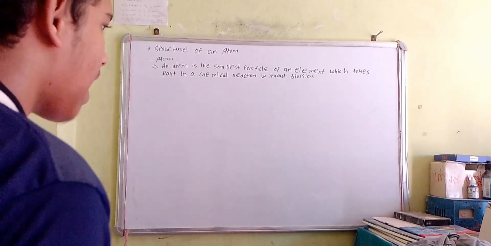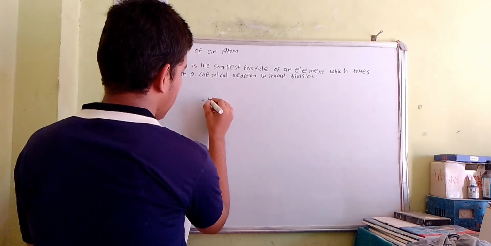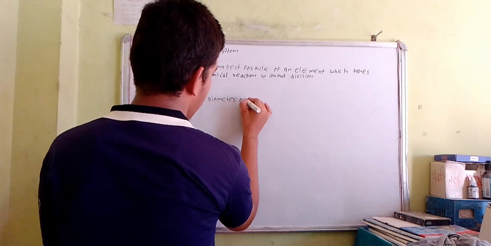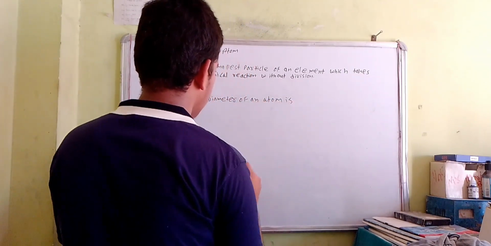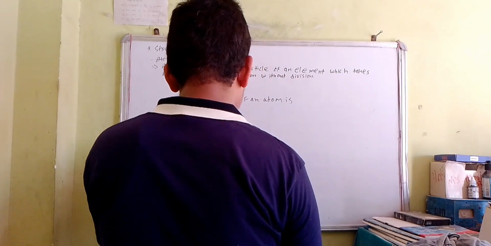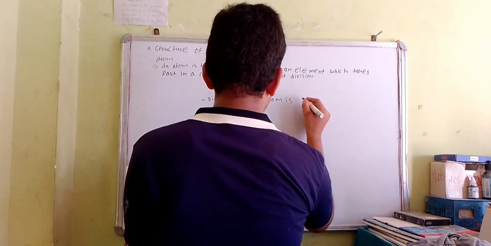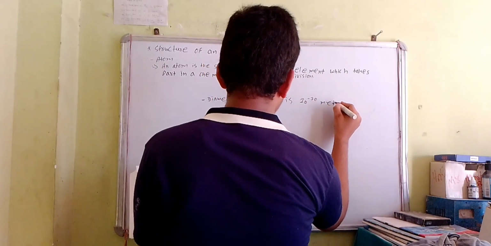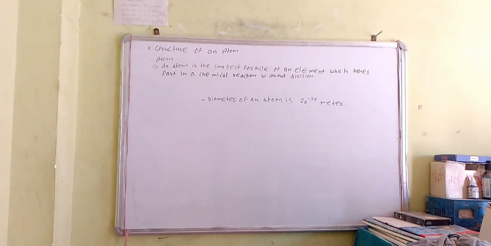The diameter of an atom is 10 to the power minus 10 meters. It's so small, right? So this is the diameter.